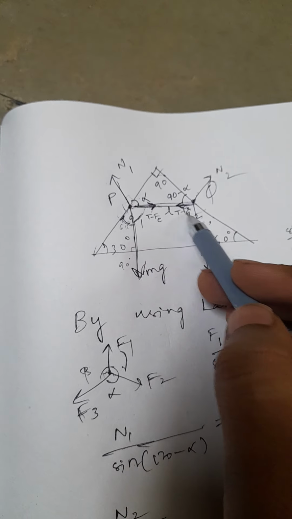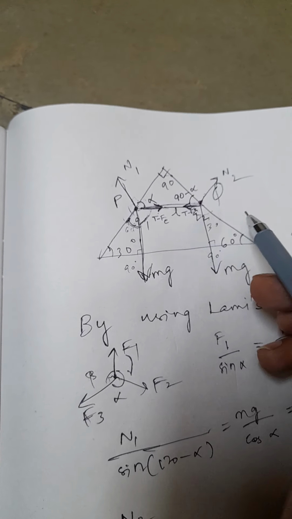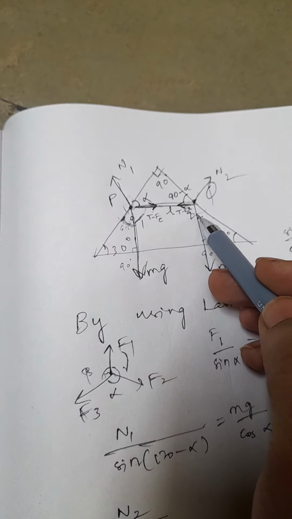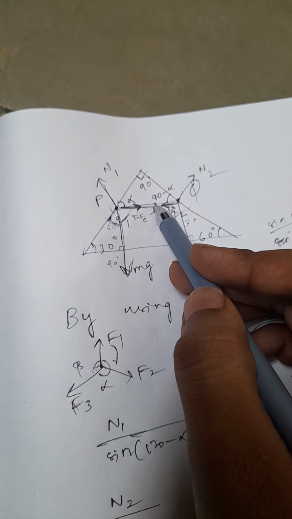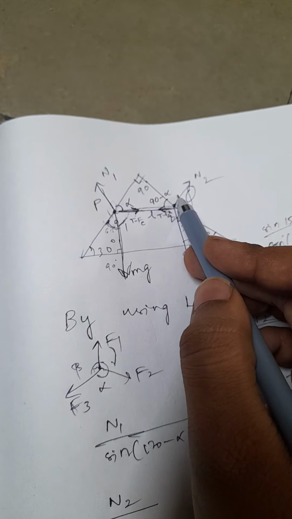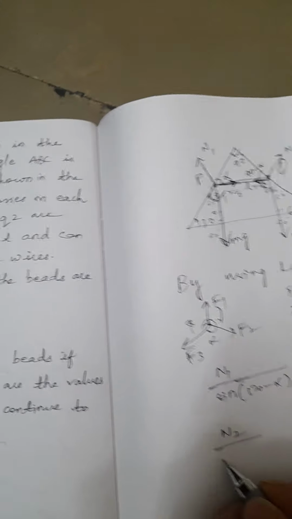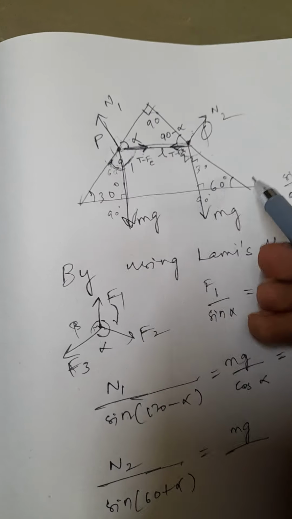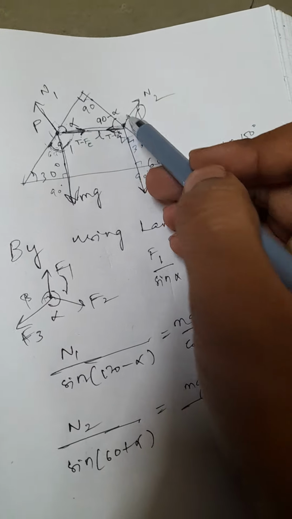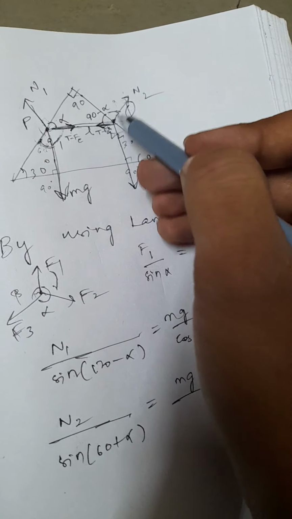And this angle will be equal to 180 minus 30 minus 90, which is 60, and 60 minus minus alpha becomes plus alpha. So we can write sine of 60 plus alpha, which is equal to mg divided by the angle between this and this force, which would be 90 degrees, as this is normal.